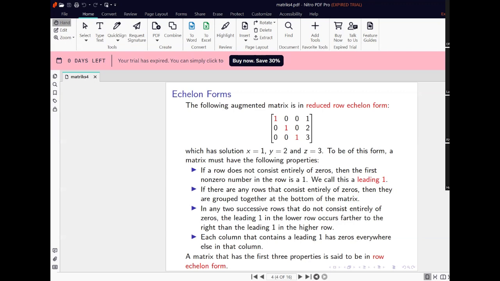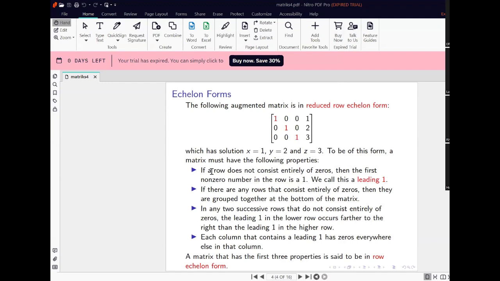What is the row reduced echelon form? It is a matrix that satisfies the following properties. There are 4 properties.